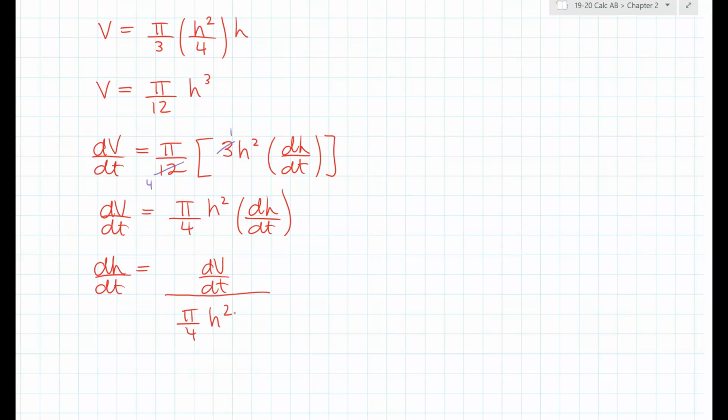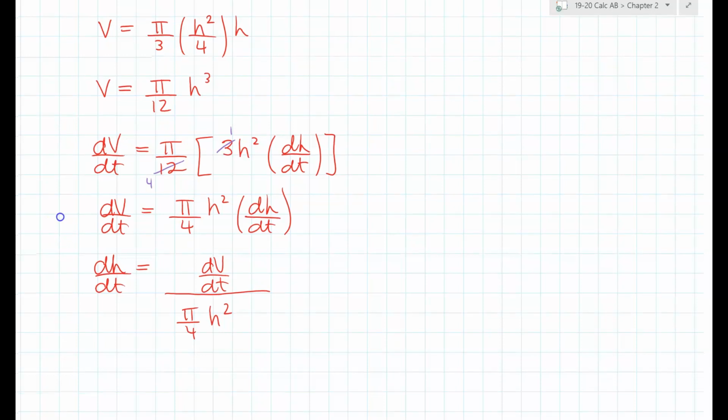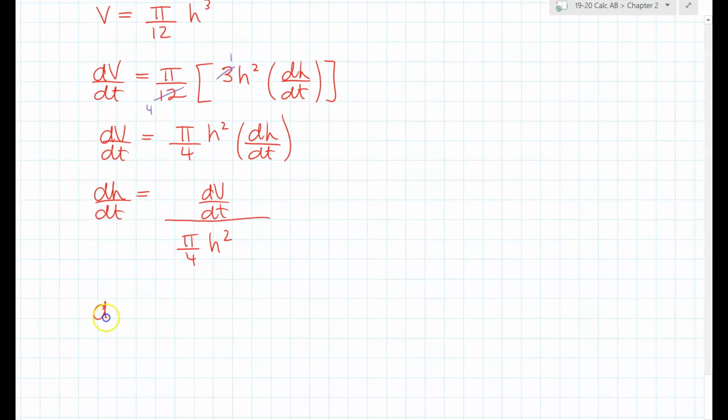Now, they said find the rate of change of the height when the height is 5. So let's do that. Finding dh/dt when h equals 5 is equal to, now dV/dt they told me was 2 cubic feet per minute. So that's 2 over pi over 4 times h, which is 5 squared.